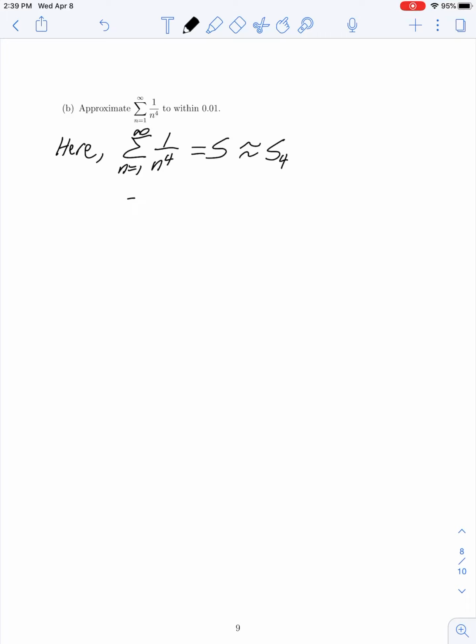So here, the sum of our series is approximately the sum of the first four terms. Starting with n equals 1, we have 1, plus, when n is 2, we have 1 over 2 to the fourth, so 1/16, plus 1 over 3 to the fourth is 1 over 81, and then plus 1 over 4 to the fourth, or 16 squared, which is 256.